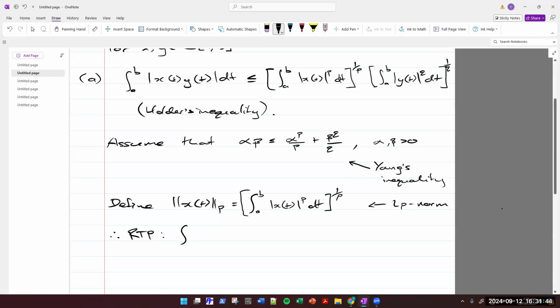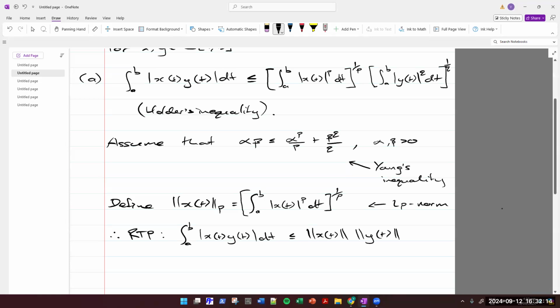So I need to prove that the integral from a to b of the modulus of x of t, y of t, dt, is less than or equal to, now instead of writing that integral of a to b modulus x to the power of p and all that stuff, simply the norm of x by the norm of y.